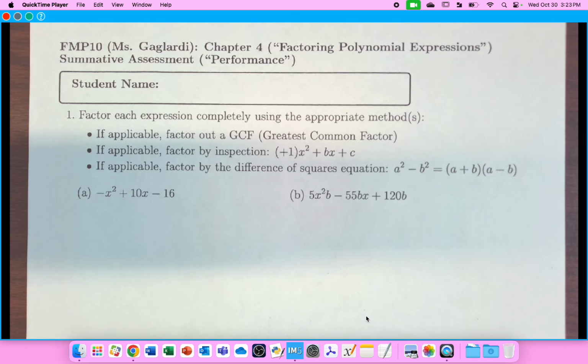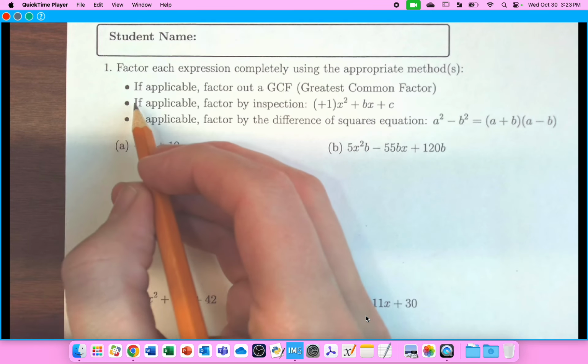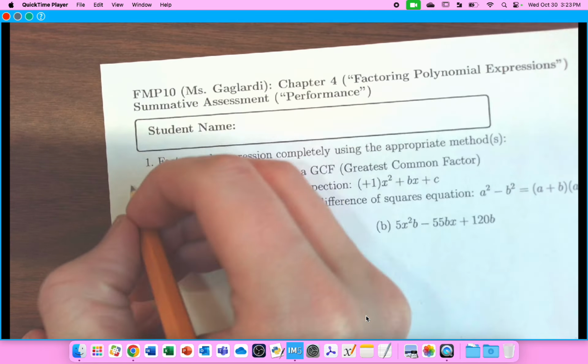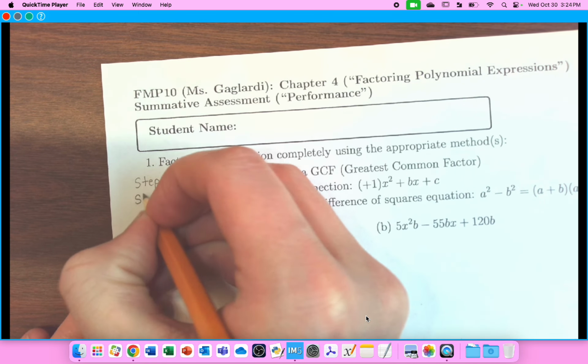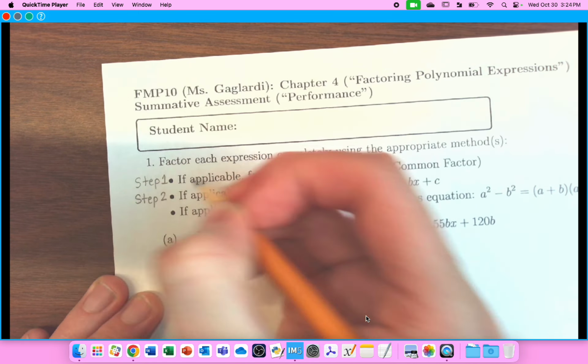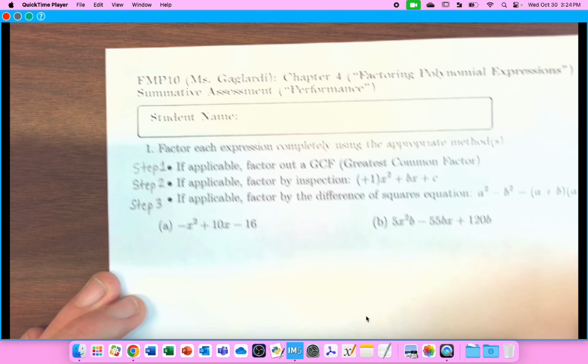So let's do this. I'm just sharpening my pencil. Okay. So these are actually kind of like my steps. Like, it's literally like step 1, step 2, and step 3.